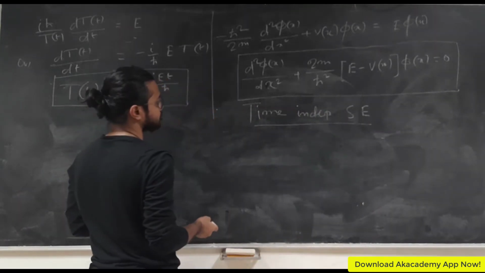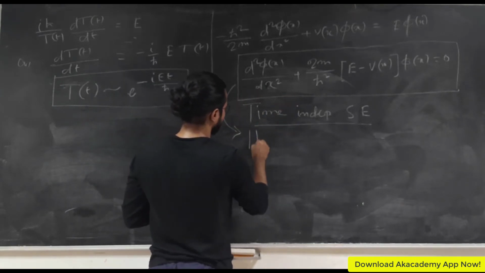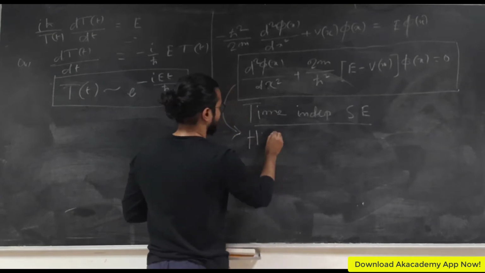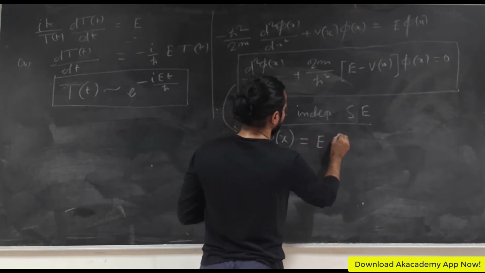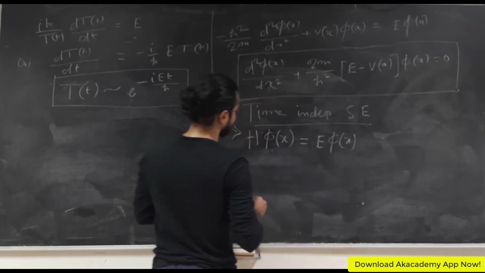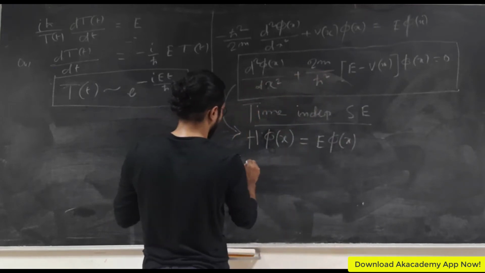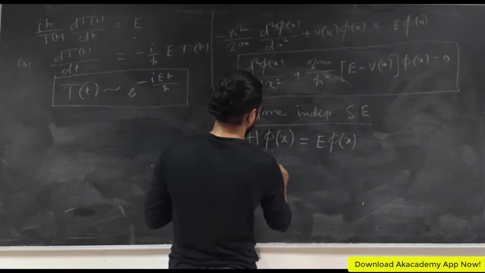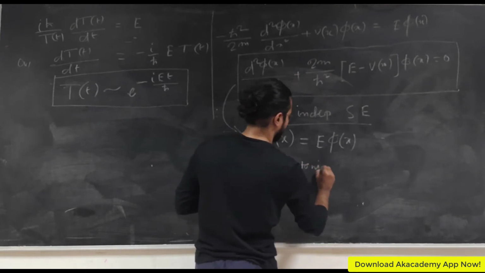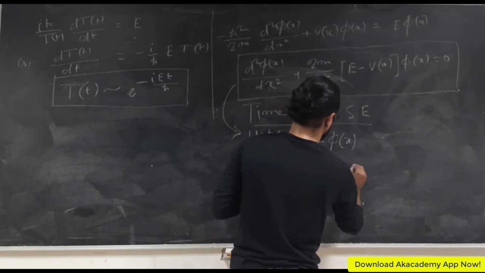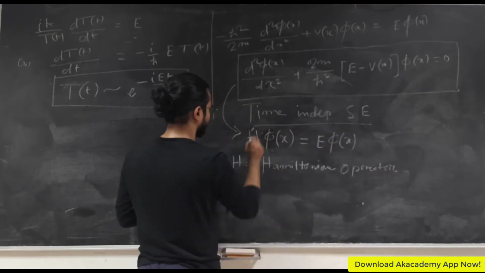We can also write this equation as H phi of x is equal to E phi of x, where H is called the Hamiltonian operator. Since this is an operator, we'll put a cap.